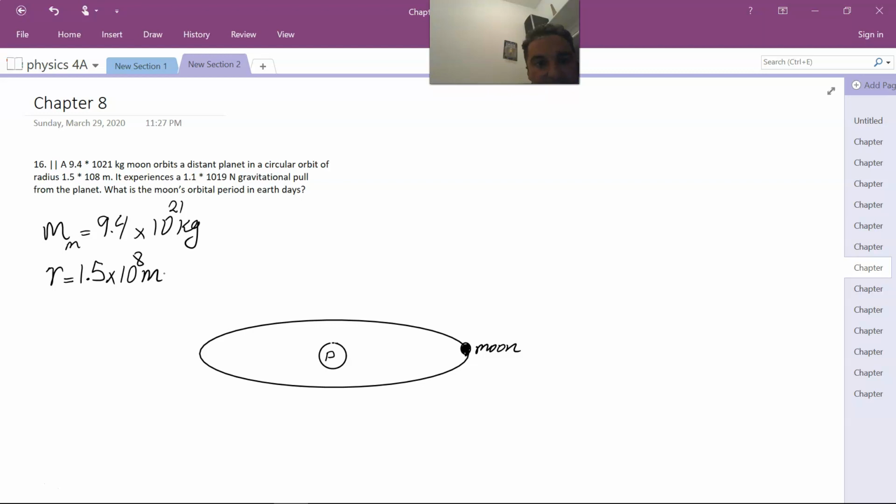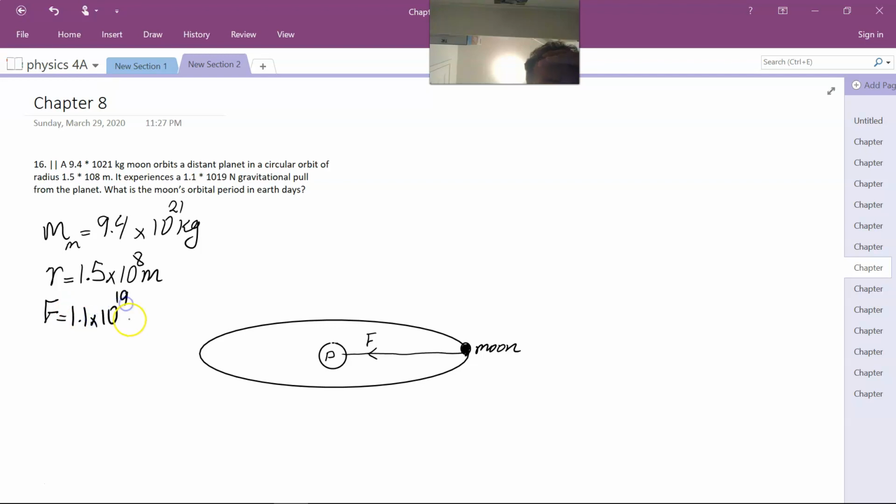It experiences gravitational force, which is an attractive force, by 1.1 times 10 to 19 newtons. 1.1 times 10 to 19 newtons.